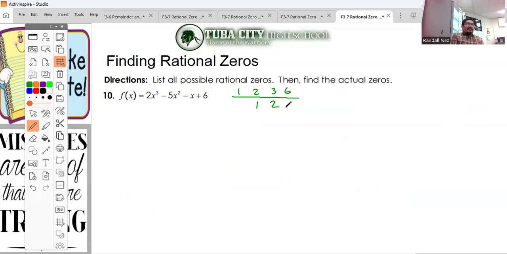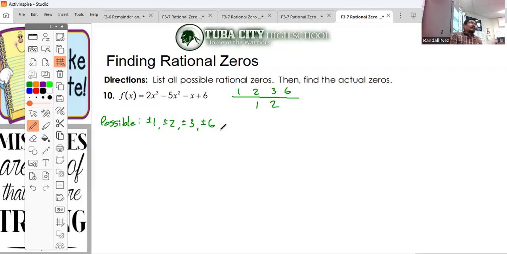Okay, so for the first one, all four numbers over 1, which just means the whole number of each of those. So 1, 2, 3, and 6. But don't forget, we also have a second bottom number.